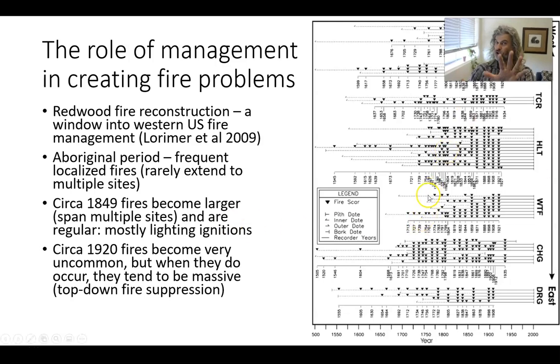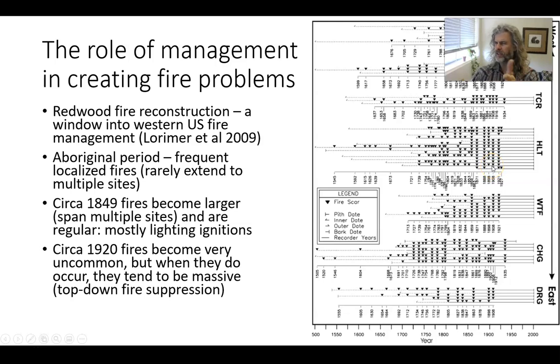And actually, this trend of fewer fires more synchronized across the landscape becomes even more prominent later on in the 19th century, after the gold rush, when indigenous people were actively pushed off the land through campaigns of ethnic genocide. The fires become more synchronous across the landscape, and somewhat less common.